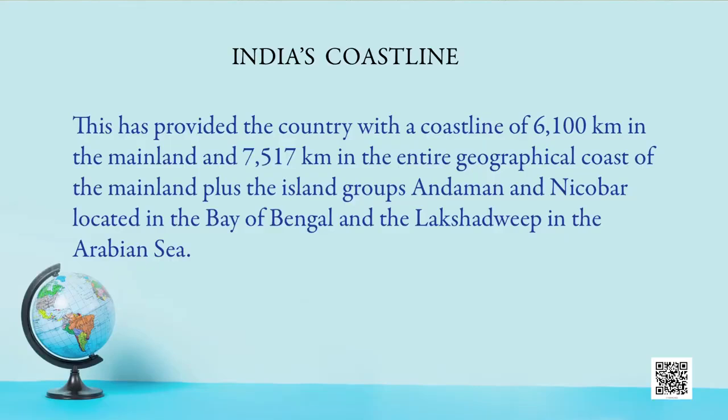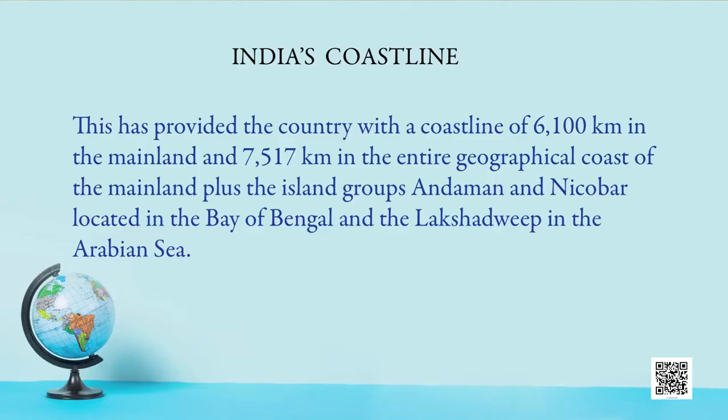Let us talk about the long coastline that we have. India has a very long coastline and the length is approximately 6,100 kilometers, if we do not include the Andaman and Nicobar Islands in the Bay of Bengal and Lakshadweep Islands in the Arabian Sea.